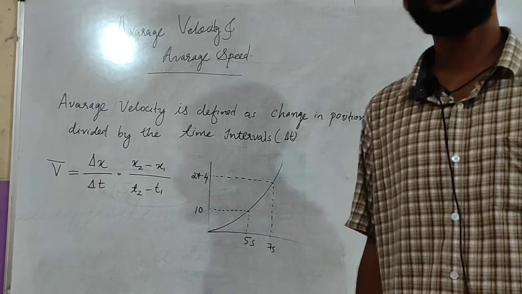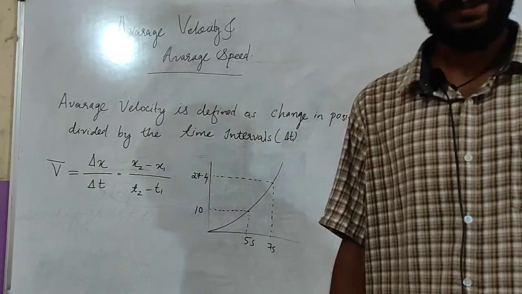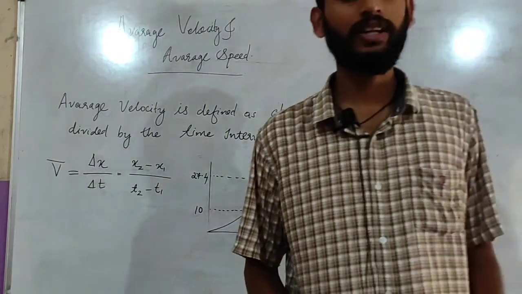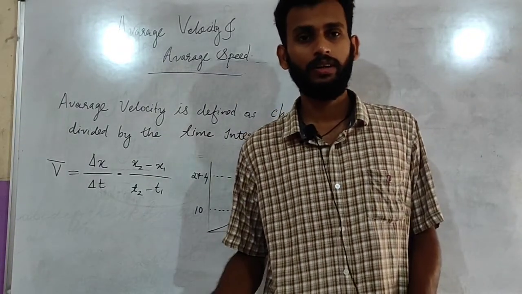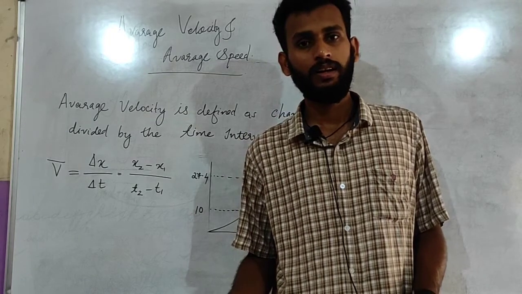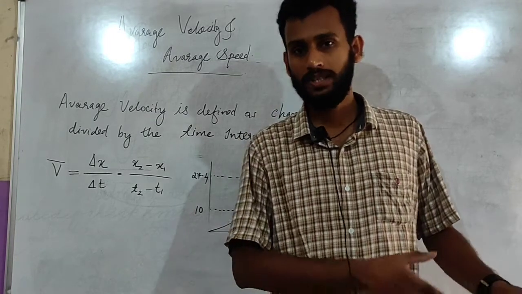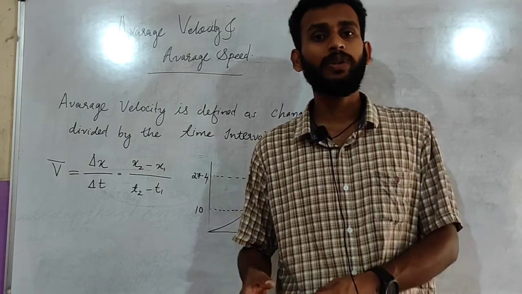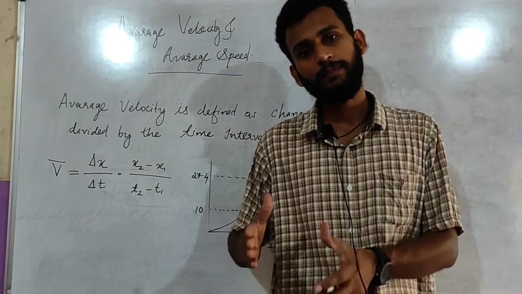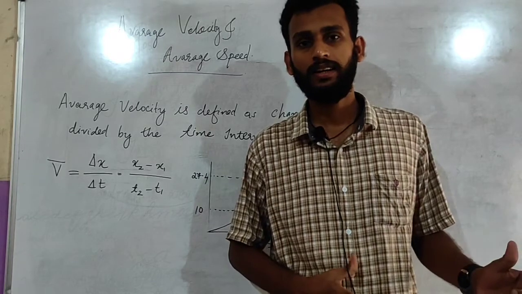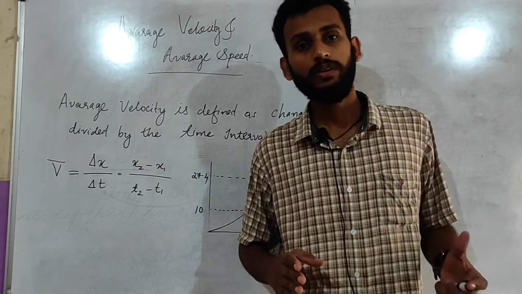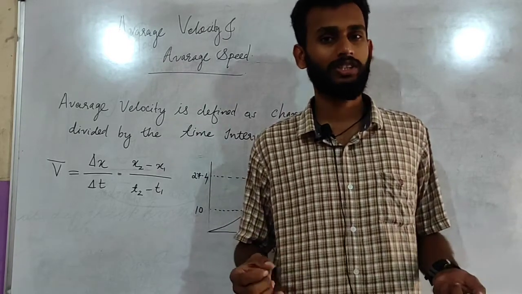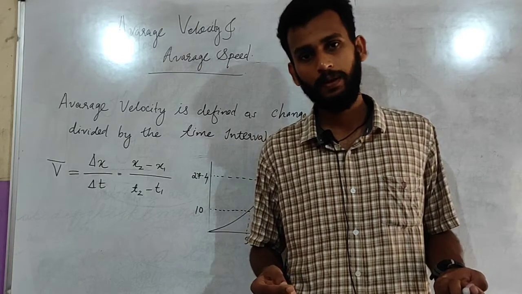Now let us discuss the average velocity and the average speed. You know that if a body is moving, that means with time the position is changing. But with how much speed the position is changing, for defining that you need some quantity, isn't it?